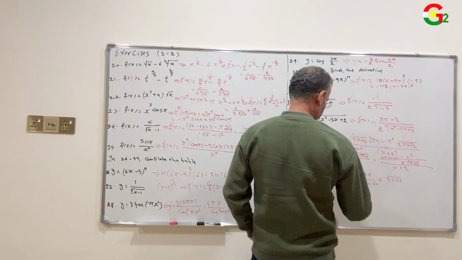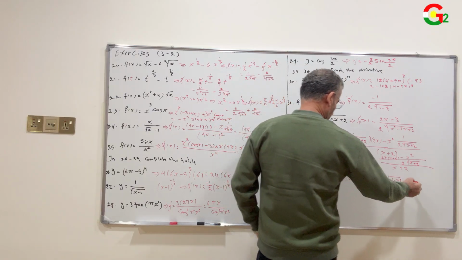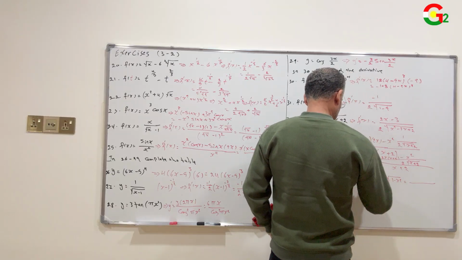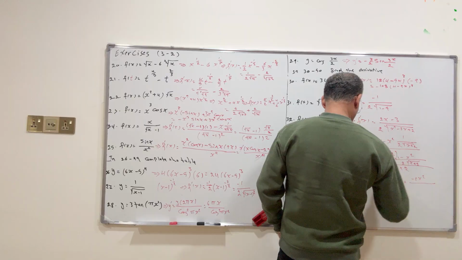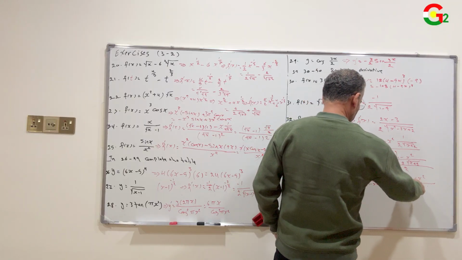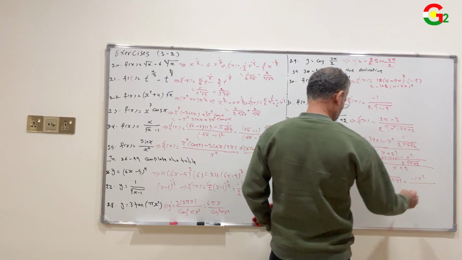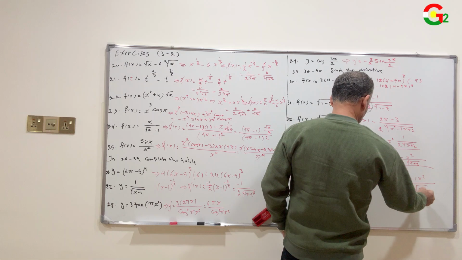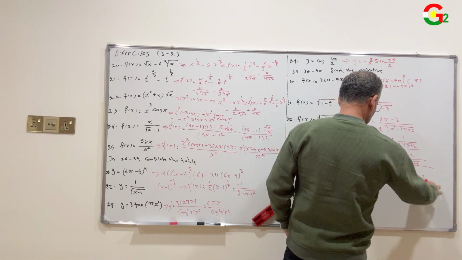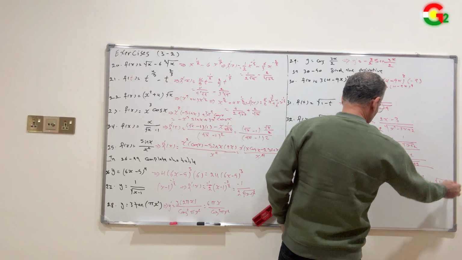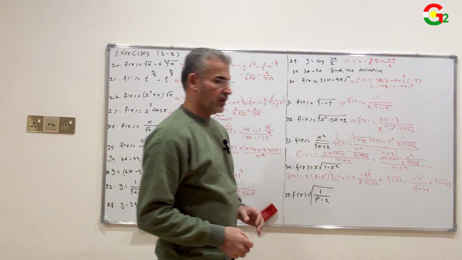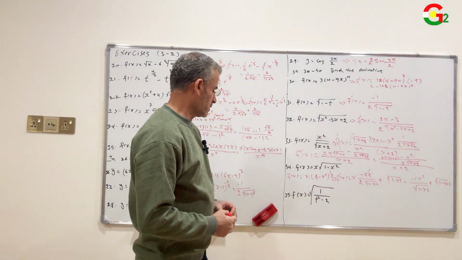And we can simplify this as x times x, negative 2x power 2, reduce x with 2: negative x power 2 over square root of 1 minus x power 2 plus square root of 1 minus x power 2. We can find the common denominator and complete the simplification.